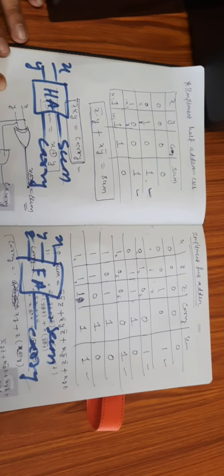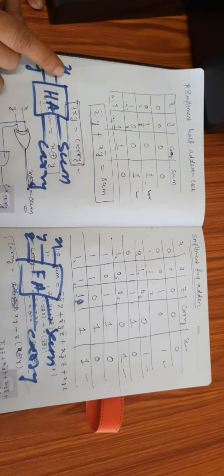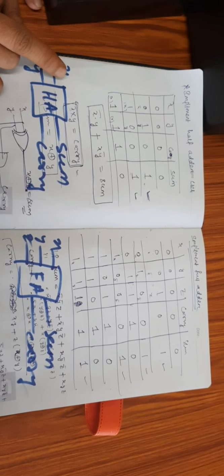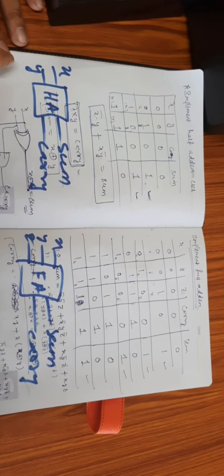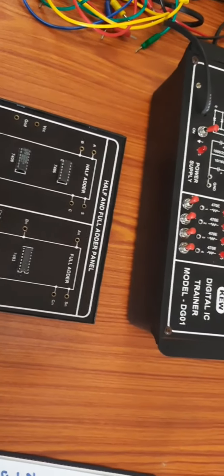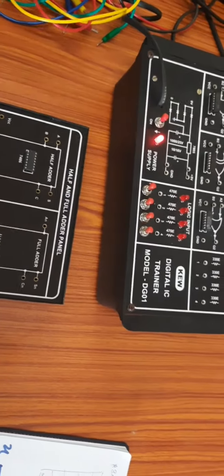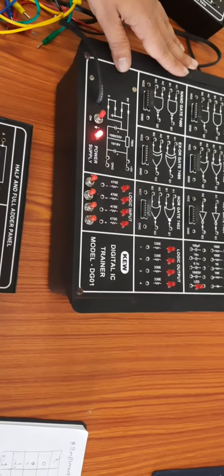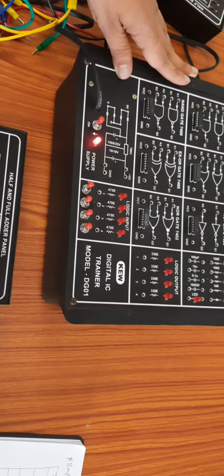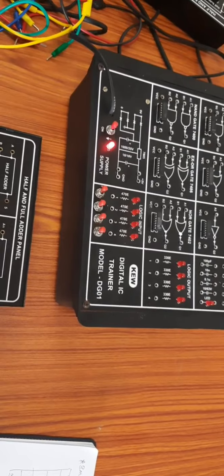Okay, so we need to verify this truth table, whether it is happening in a circuit or not, or in a panel or not. So we are going to design the circuit. This panel is used to generate a 5 volt DC supply and ground.